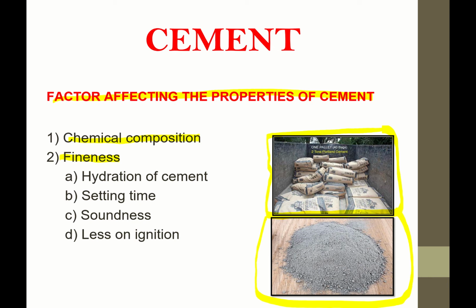So when you blend the raw material to form cement, we can actually control the fineness. And fineness will explain the hydration of cement, the setting time, the soundness, and then loss on ignition.